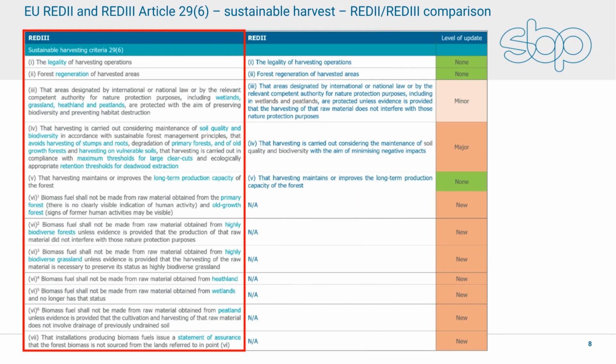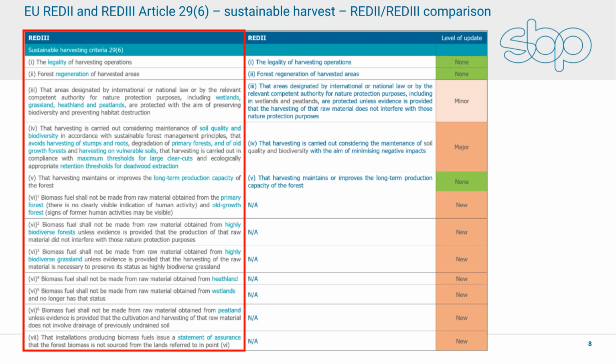On this slide, we compare the sustainable harvest criteria in Article 29, Paragraph 6 under RED 2 and RED 3. If you are not familiar with RED 2, you can still use this as background. Under Article 29, Paragraph 6, only 3 indicators remained exactly the same: legality, regeneration, and long-term forest production capacity. Other indicators were modified or newly introduced.